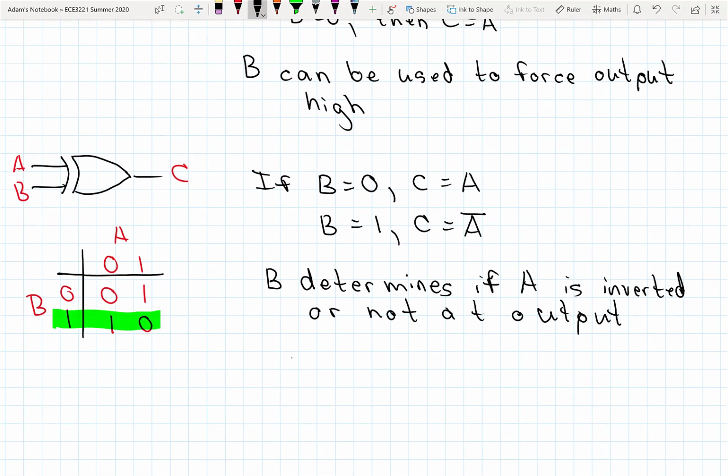Okay, so another way we might think of this might be thought of as a programmable inverter. So a gate where we have a control signal, in this example B, that determines whether the gate is going to invert the signal or not.